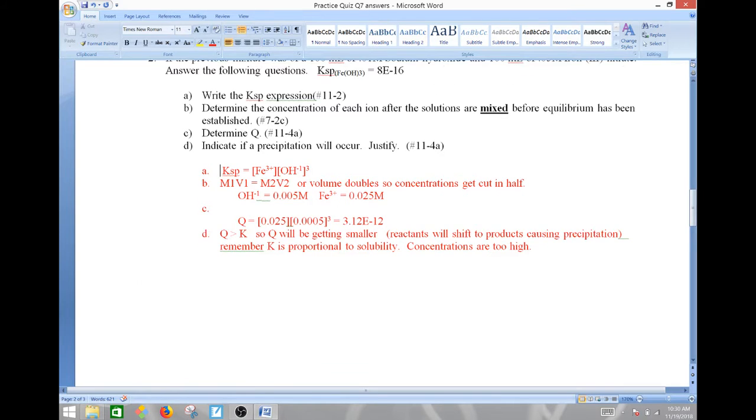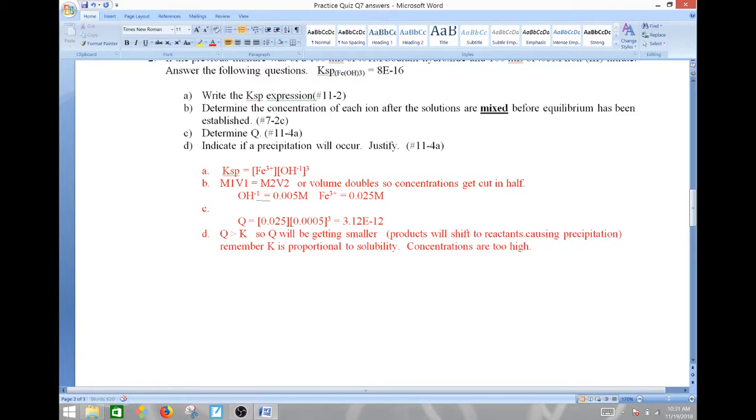And then finally, I'm going to make an analysis of my Q. Q is greater than K, so Q will be getting smaller, and that means reactions will be shifting to products, causing precipitation. Okay, so let's hold on a second. Q is bigger than K. So in this case, we're holding too much. Our stuff is too big. So products will shift to reactants.